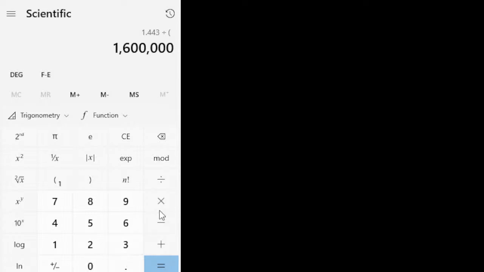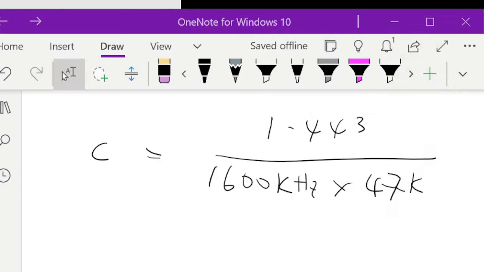All right, multiplied by 47, and then 3 zeros. Close that, and then equals. So the value here is about 19.2 picofarads. About 19.2 picofarads.